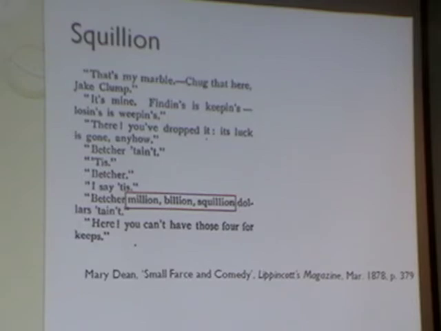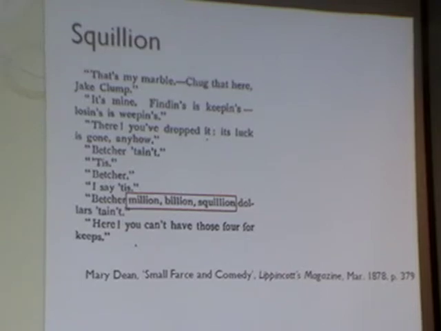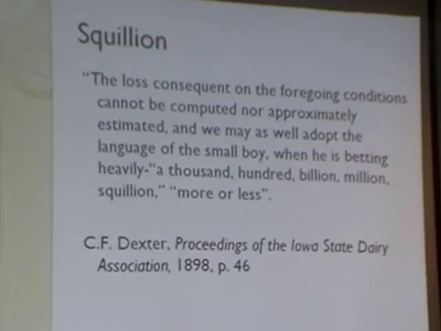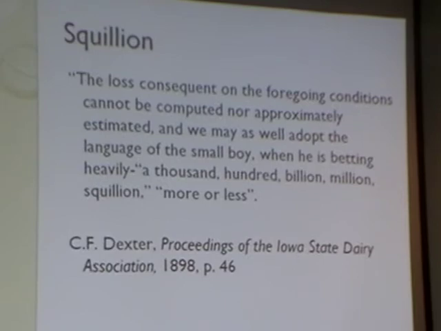The next good example I have, or the next sure example I have, is from 20 years later, from 1898. But from the proceedings of the Iowa State Dairy Association, no less. But it similarly attributes squillion as being the language of children. "1,000, 100, billion, million, squillion, more or less."